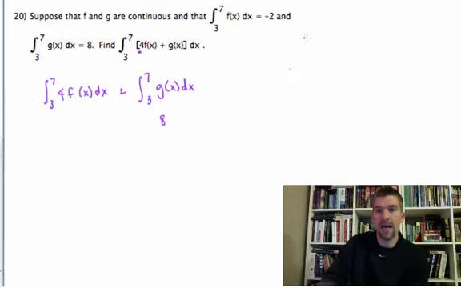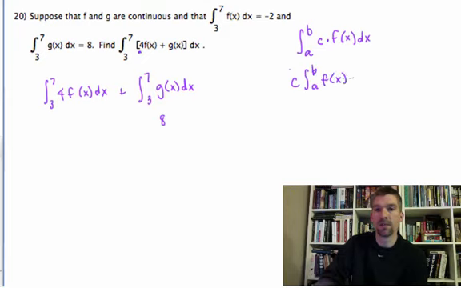Well, I had a rule that said if I've got an integral from a to b of a constant times a function, then I can pull the constant out, and it would be the constant times the integral, leaving the function in there.